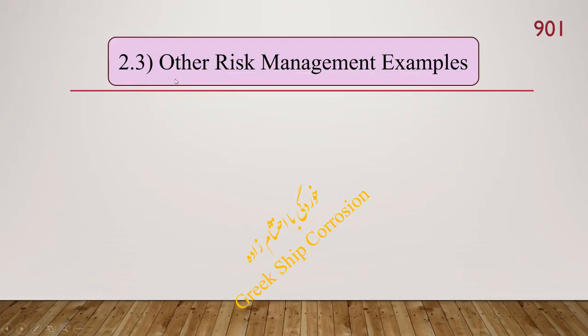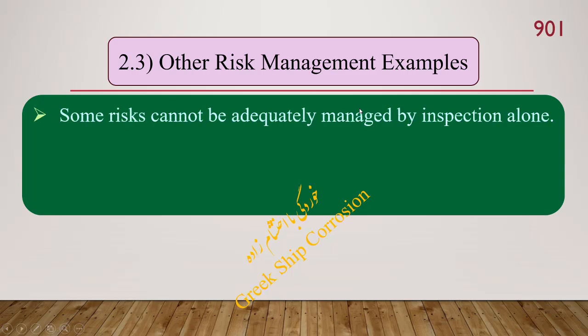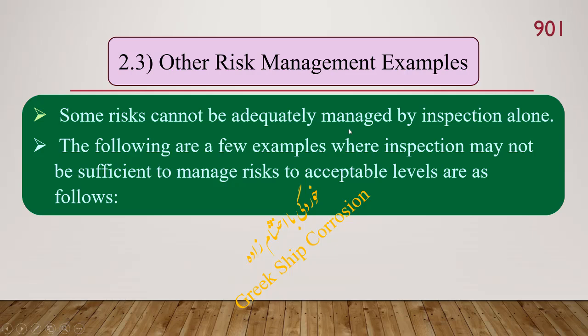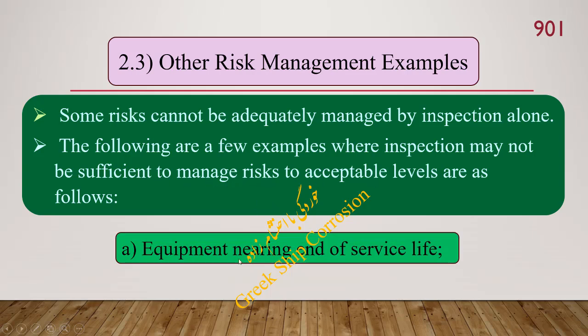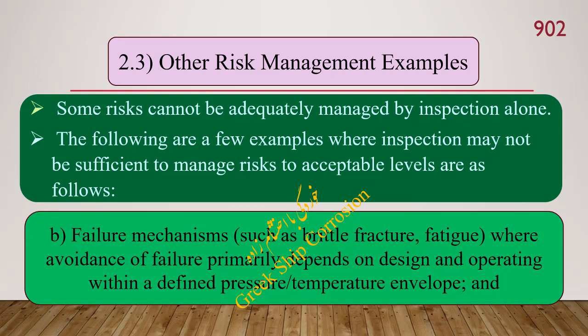2.3. Other risk management examples. Some risks cannot be adequately managed by inspection alone. The following are a few examples where inspection may not be sufficient to manage risk to acceptable levels. A. Equipment nearing end of service life. B. Failure mechanisms such as brittle fracture and fatigue, where avoidance of failure primarily depends on design and operating within a defined pressure-temperature envelope.